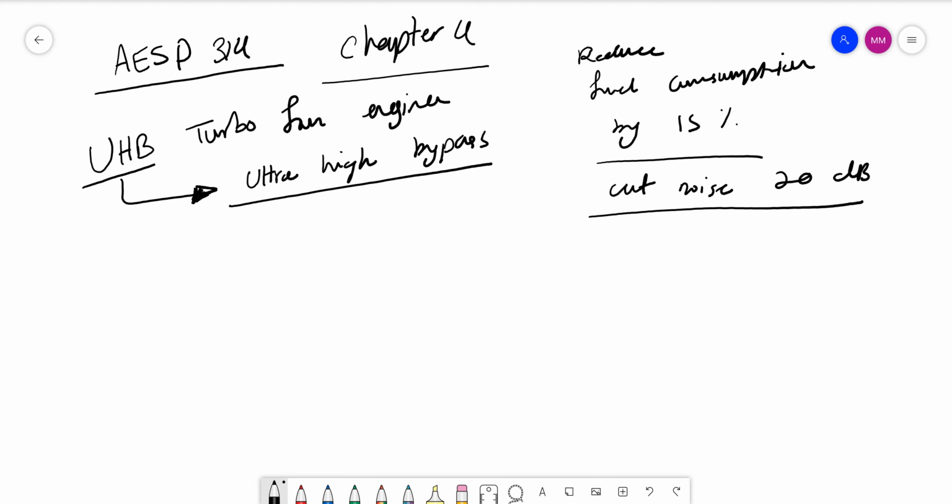Whereas in the conventional turbofan engine, you're gonna see the bypass ratios of 6 to 8, right? But the question becomes, how do they reduce the fuel consumption?